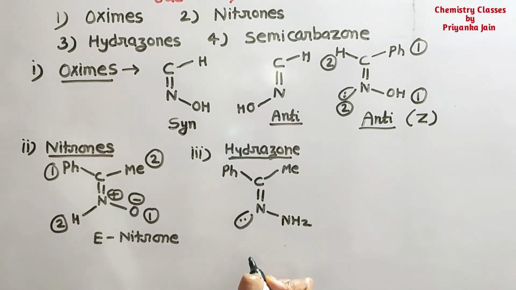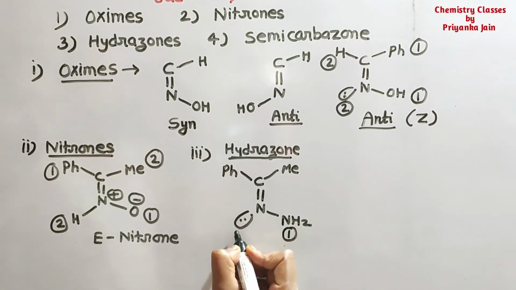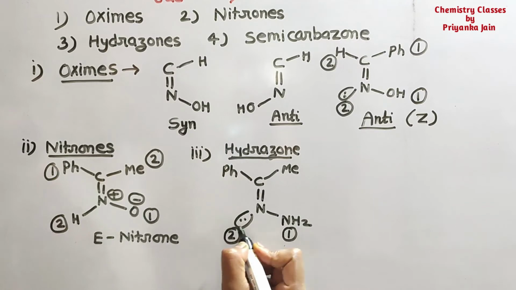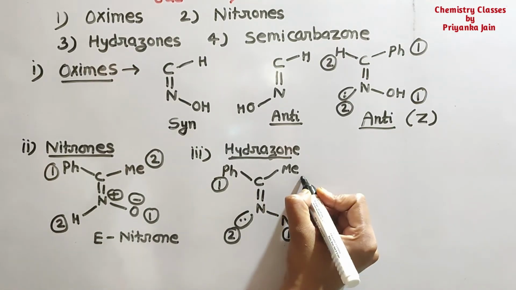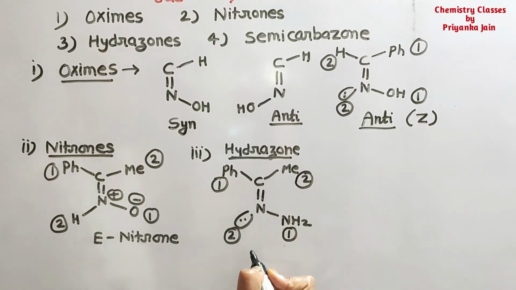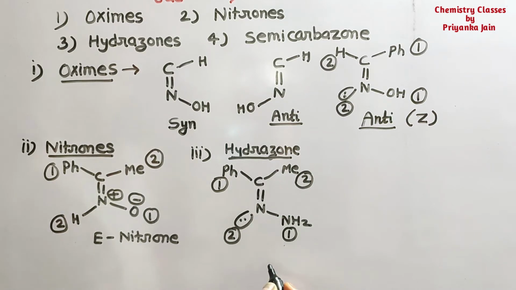Again you have to do the same thing, you have to decide the priority. So first priority will be for this nitrogen and second for this lone pair of electrons. Similarly here the first priority will be for this phenyl group and second for this methyl group. Now you can see these are on the opposite side, it means this is the E isomer, so it is E-hydrazone.